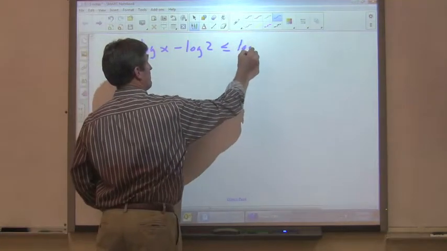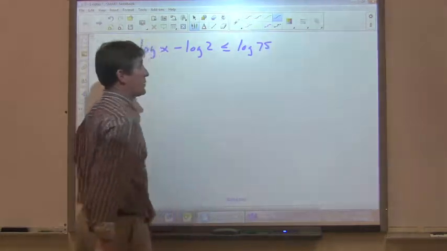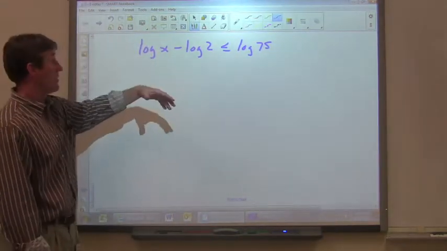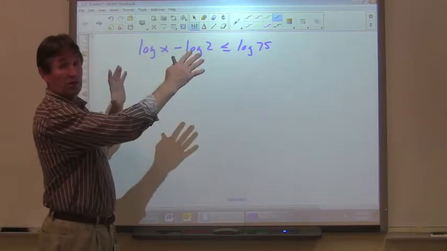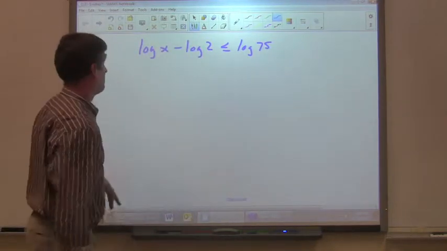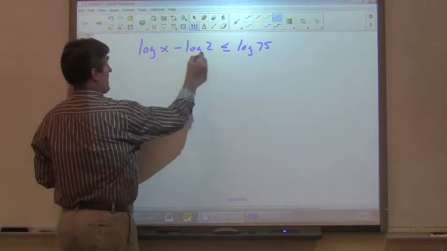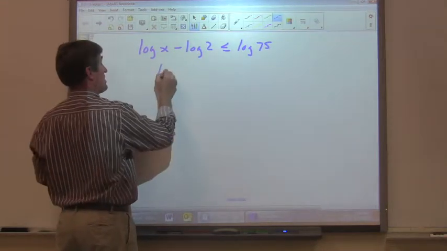So now this one, we have another extra logarithm in here. But that's okay, because as long as we can get to a single logarithm on each side, remember, we can drop the logarithms. So because these are base 10, subtraction becomes division.